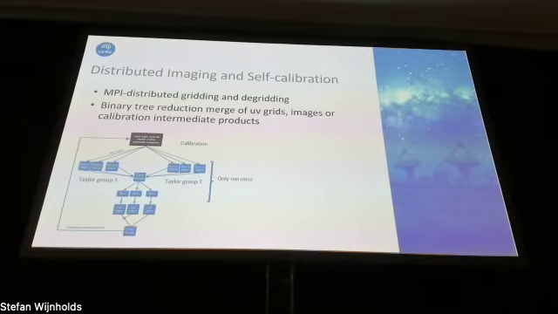That's the best case. But most of the time when we're splitting in frequency, you need to combine the data. In various calibration and imaging contexts, you need to combine the data at some point. So we've got a nice setup where you can distribute across multiple nodes, and then a quite flexible merging setup that understands different types of grids, images, calibration matrices and things like that.